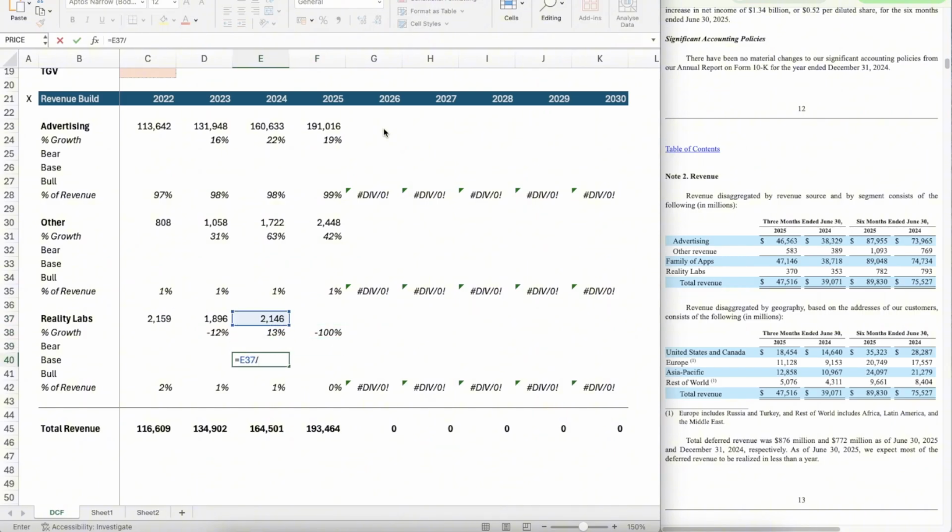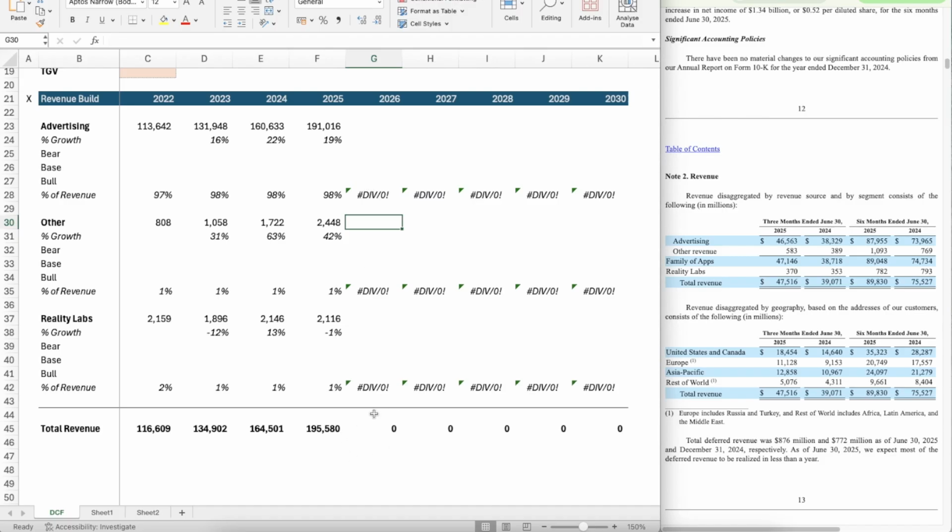2146 divided by 793. 2.7. 0.70617. Okay, looking good. Awesome.